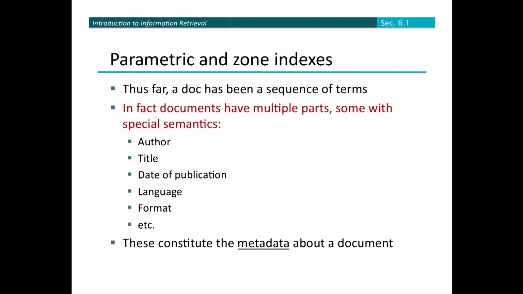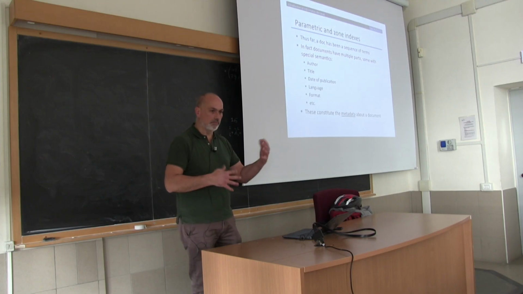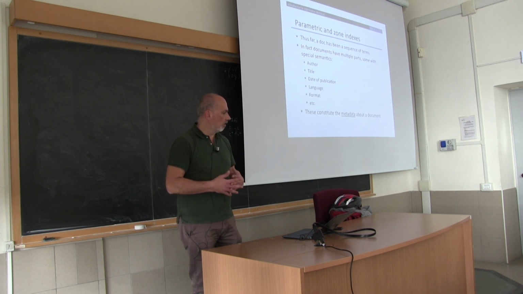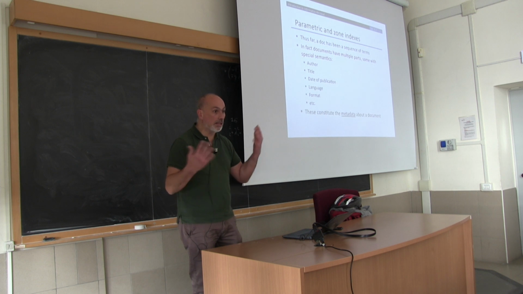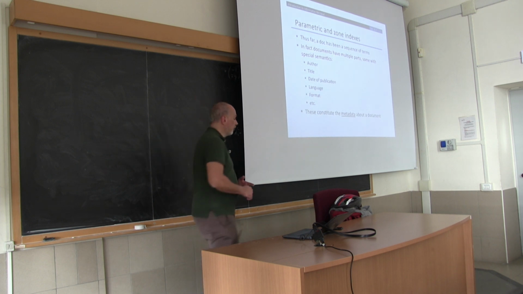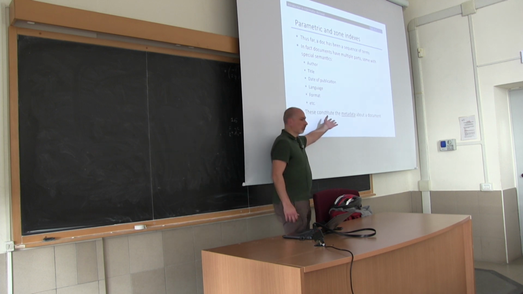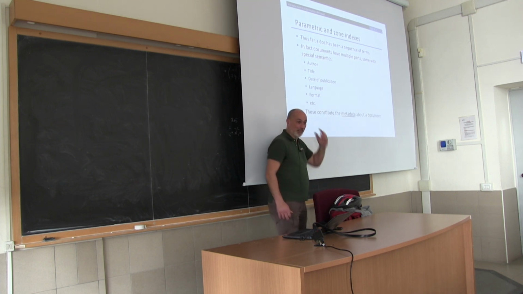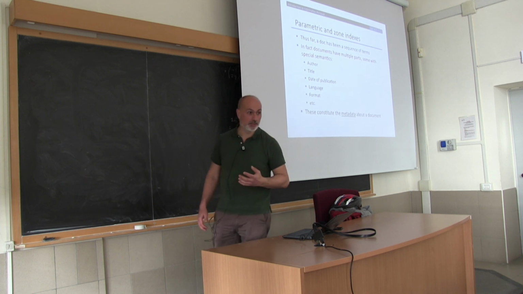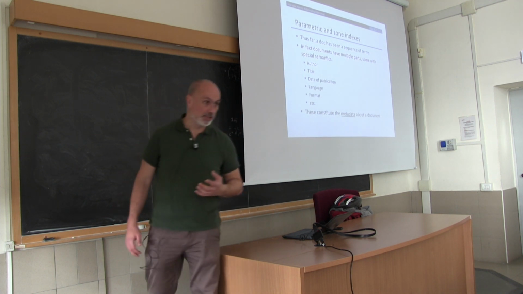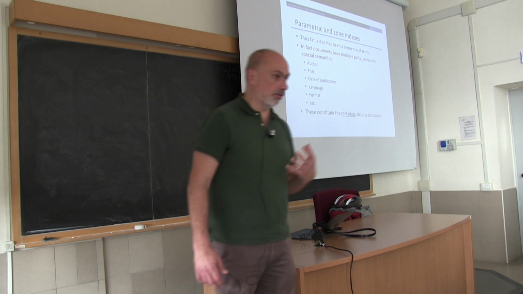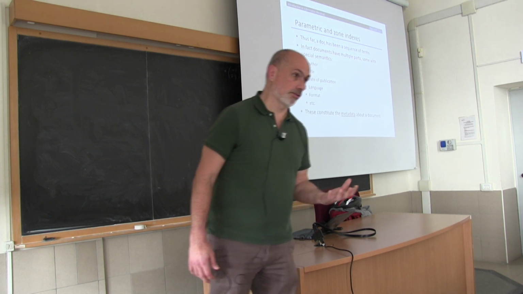It has some areas with different meaning. For example, it may have a title, an author field, a date, or whatever. All this information is called metadata. Metadata can be very rich semantically speaking, and this richness should be leveraged.